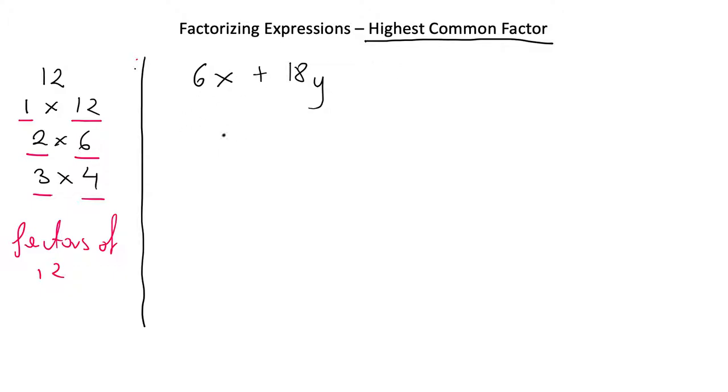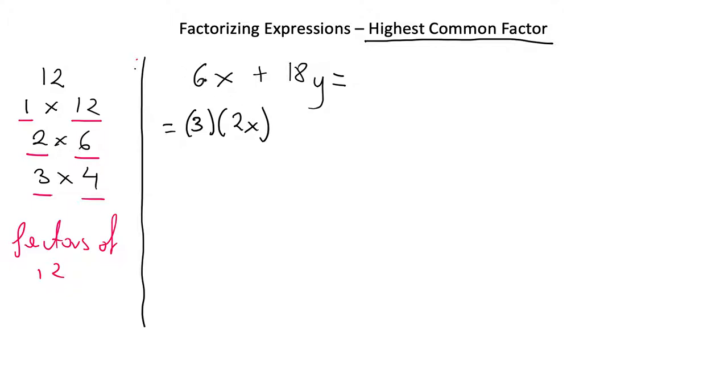So how do I do it? I do it as follows. 6x plus 18y is the same as, let me rewrite it a little bit differently, 3 times 2x.